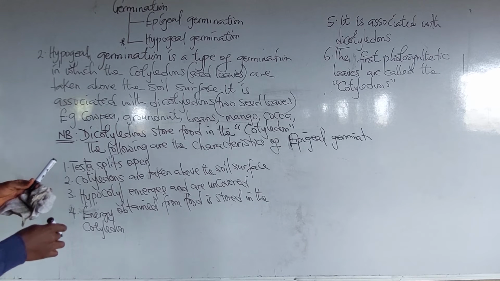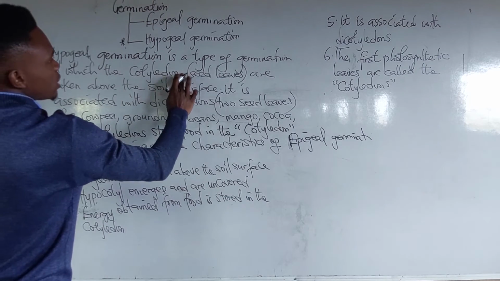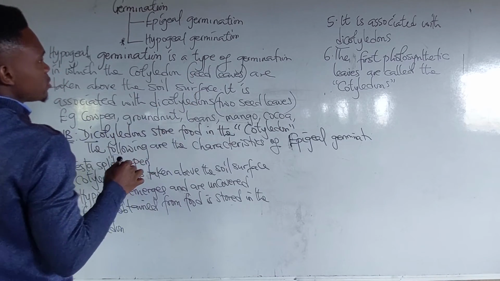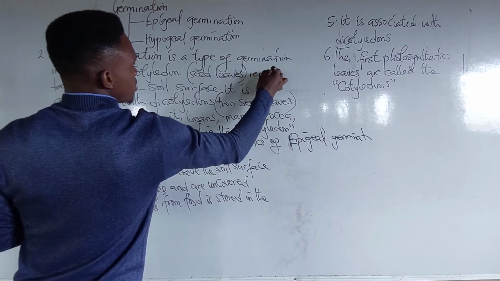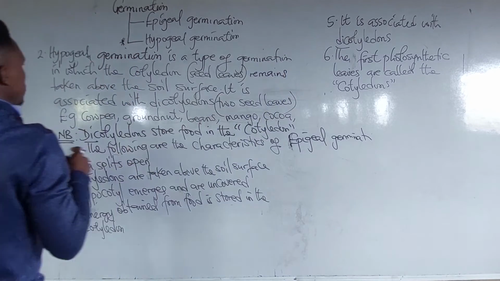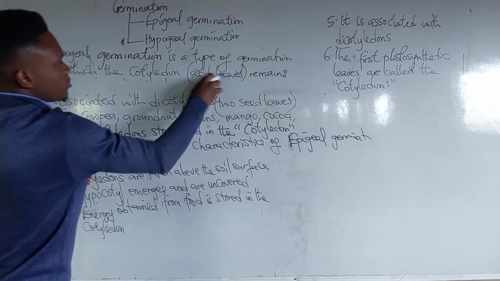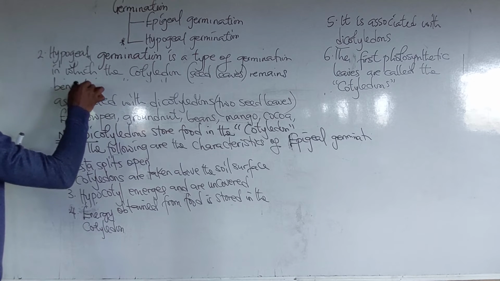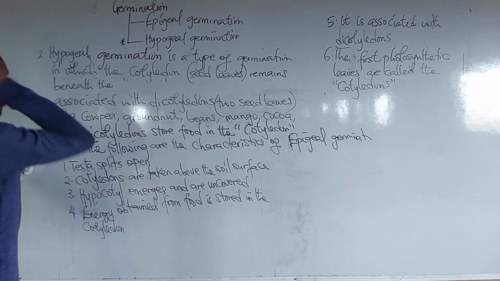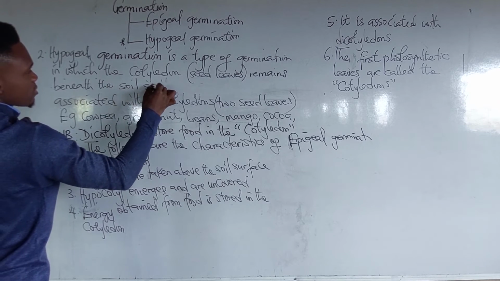Hypogeal germination is a type of germination in which the cotyledon remains beneath the soil surface.